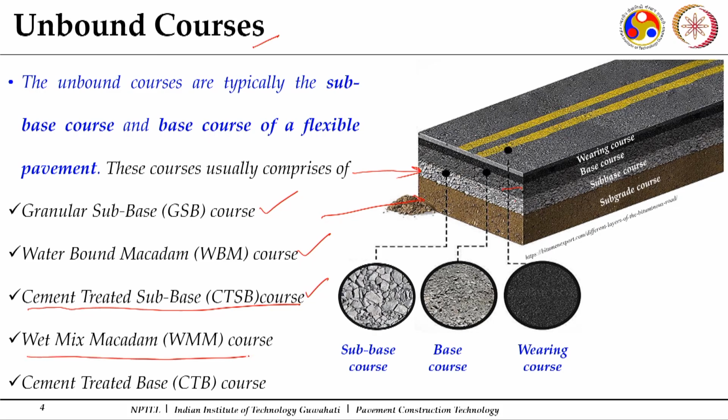Then we have wet mix macadam, which is also an unbound course usually used as a base course. Then in base courses we can again have the cement treated base course. So these are four quite common courses used as subbase courses and base courses in the construction of flexible pavements.